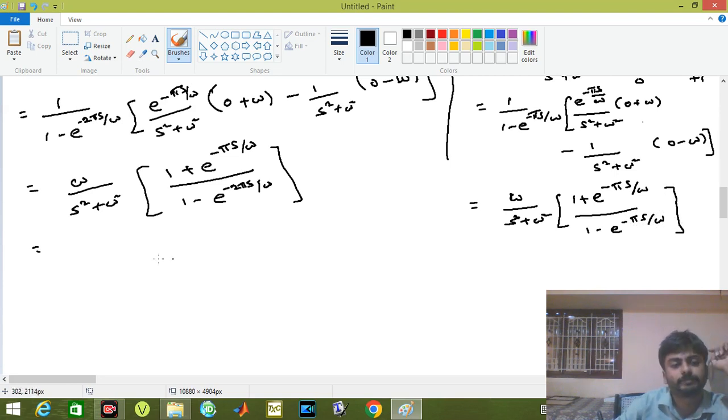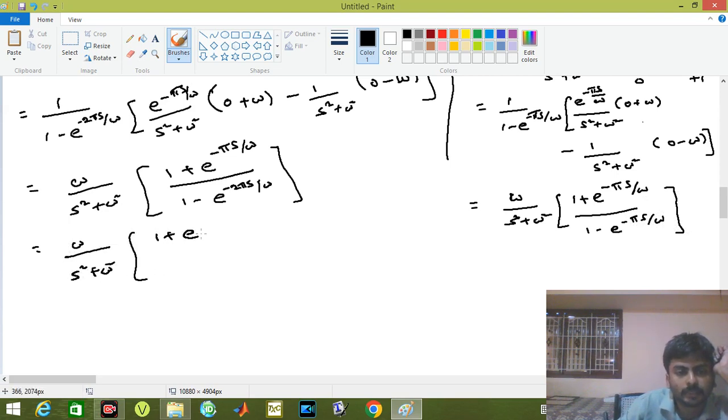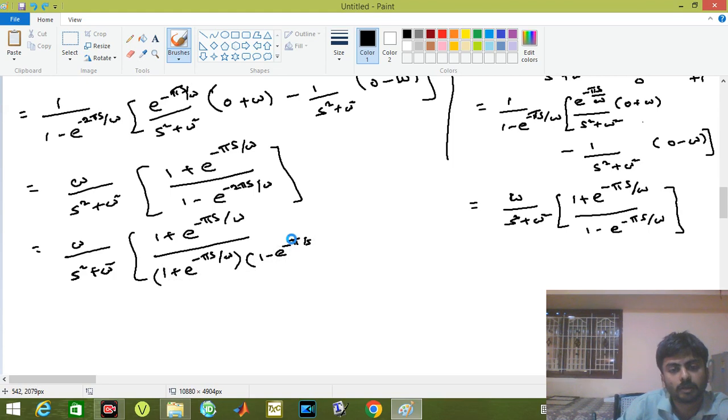Okay, so here it is omega divided by s square plus omega square of 1 plus e power of minus pi s by omega, divided by the denominator, which can be written as a square minus b square, it is a plus b into a minus b, so we get 1 plus e power of minus pi s by omega into 1 minus e power of minus pi s by omega.